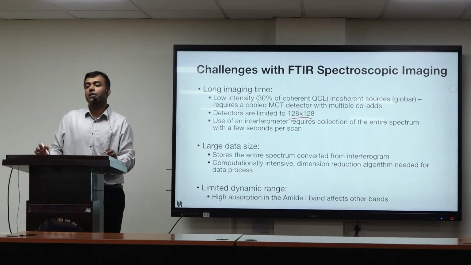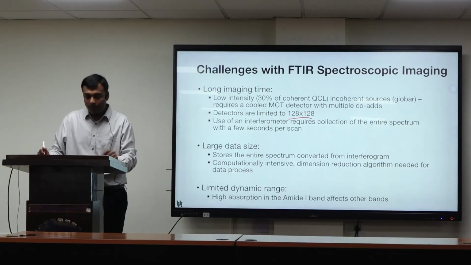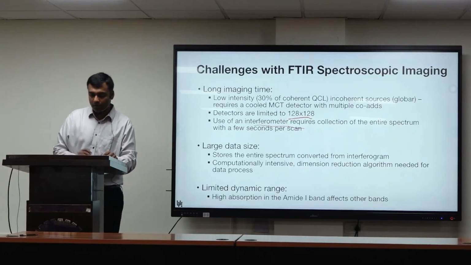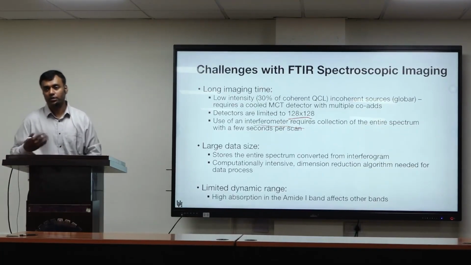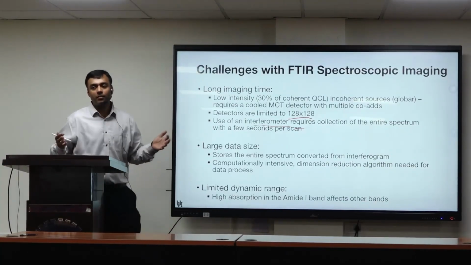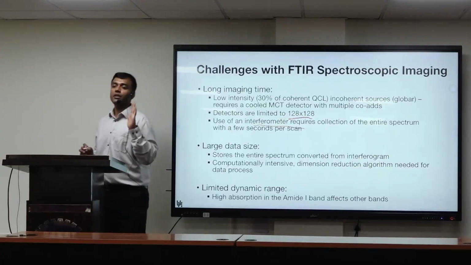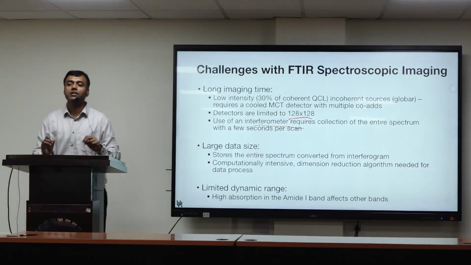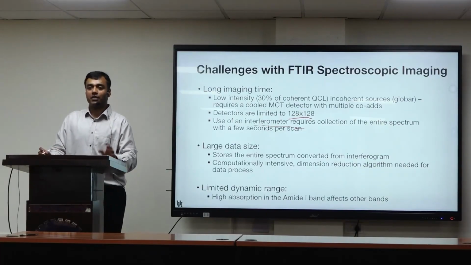So these are some of the practical problems with FTIR imaging. Because you take an interferometric approach, you collect the entire spectrum, which is a good thing if you want the full spectrum. But let's say you just want to measure 4 different wavelengths or 10 different wavelengths, at certain spectral positions.